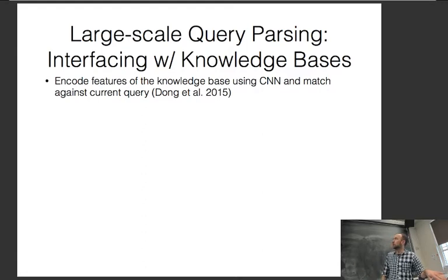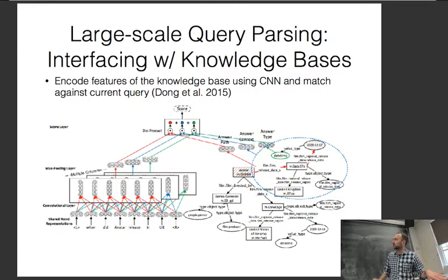But one example of this in the neural domain that I found was one that basically learns an embedding for pieces of the knowledge base, like what is the path between particular answers, what is the value, what is the answer type, what is the context of the things around the answer.